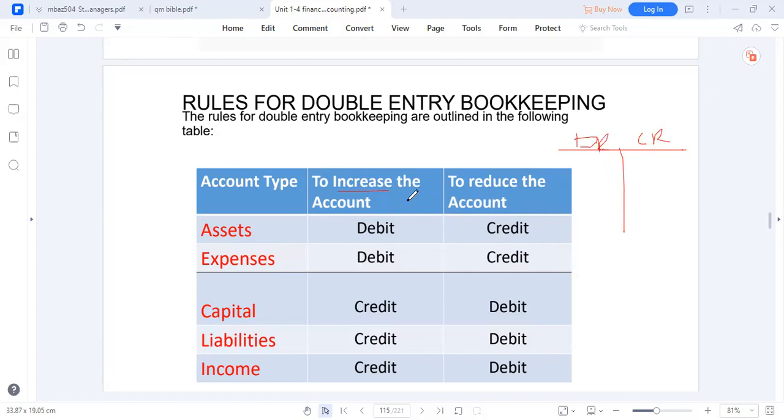So if you are to increase an asset, you debit so that it continues coming in. Credit, you give away. So it's a receipt on one side and a giveaway on the other.